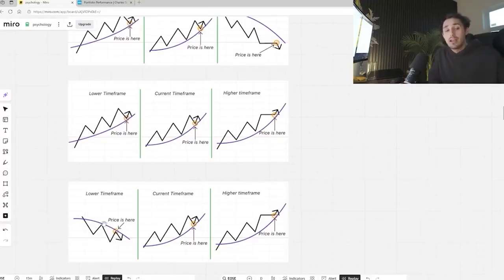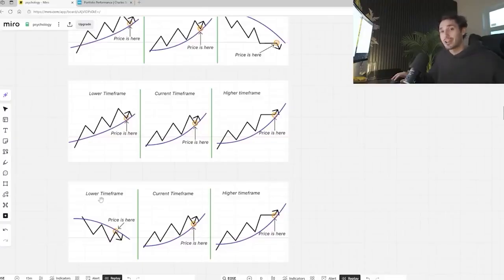You essentially wait for the lower time frame to begin aligning with the current time frame and the higher time frame. The words mix me up, but you guys get my point here, right? We wait for the lower time frame to begin looking bullish, and that will give us our final confirmation to go long. So those are your two options in this case, where the current time frame looks good and the higher time frame looks good to go long, but the lower time frame is bearish.